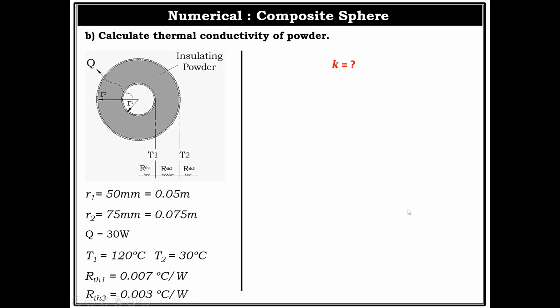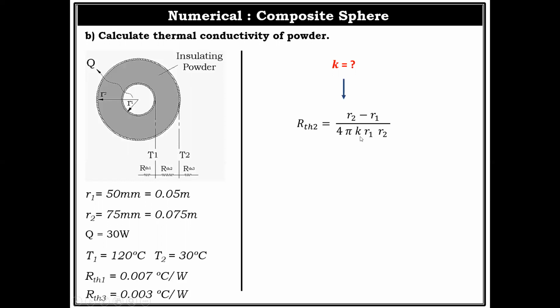And this K appears in the formula of R thermal 2 only. And what is that R thermal 2? Outer radius R2 minus inner radius R1 divided by 4 pi K R1 R2. So here we observe the K value. We know R1, R2 and the remaining terms are constant. The only unknown is the K value.